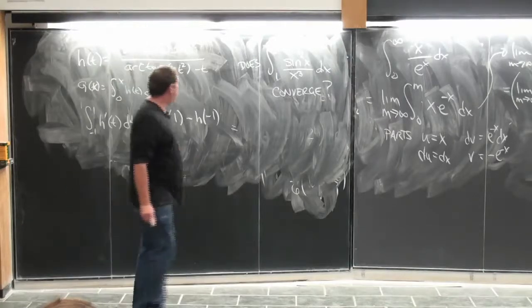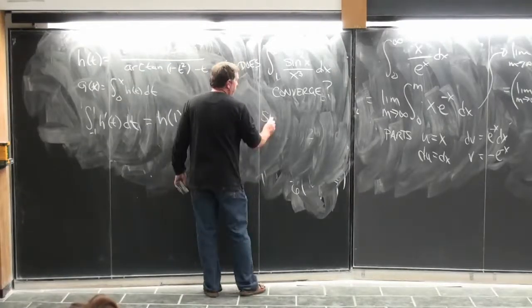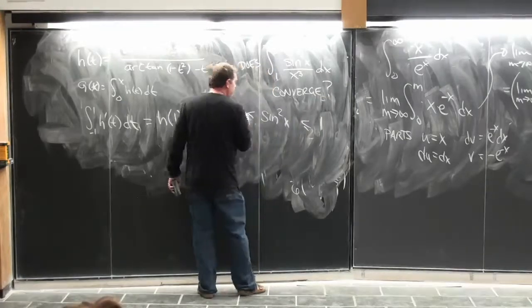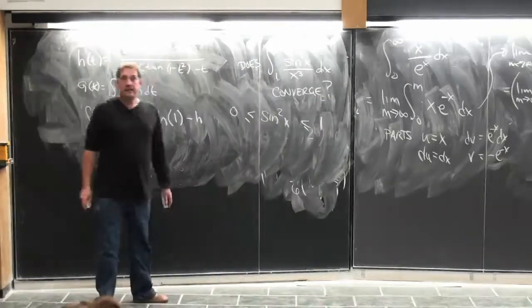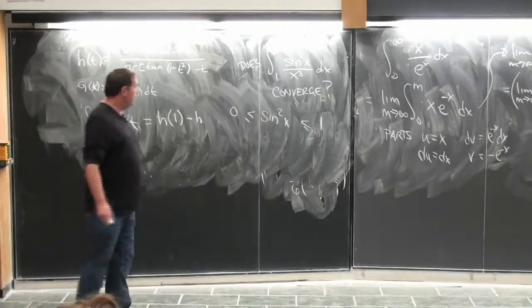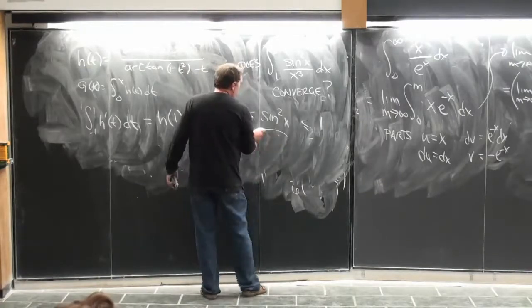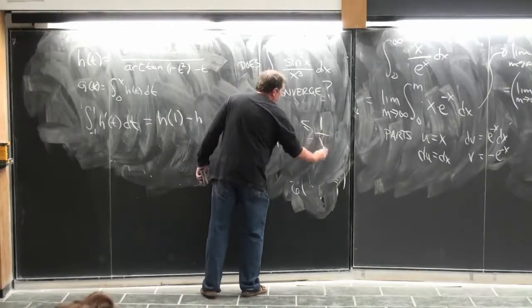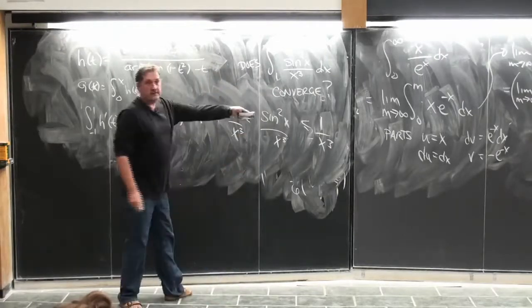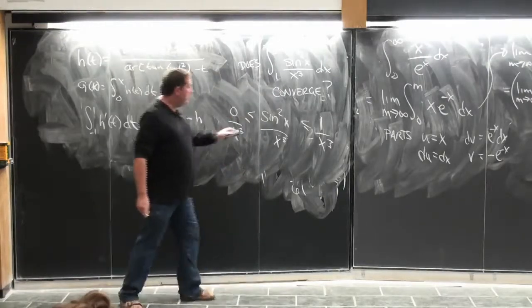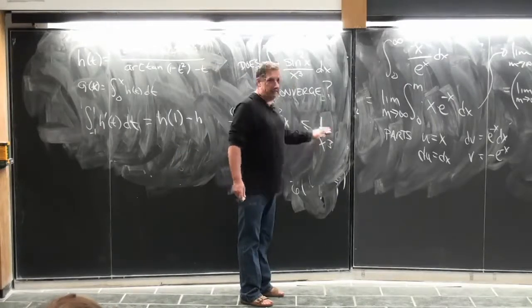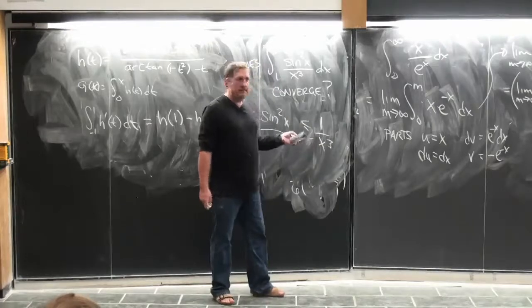So we use the fact that sine squared of x is always less than 1. Because you're taking a number less than 1 and you're squaring it, you get something between 1 and 0. And so that means that if we divide it by x cubed, it's between 1 over x cubed and 0. And so if this converges, then happy times. If this doesn't converge, we know nothing.